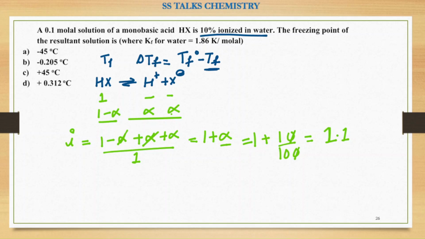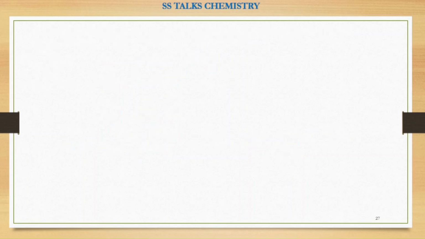Now we know that delta Tf is equal to i into Kf into the molality. The i value we have calculated as 1.1.